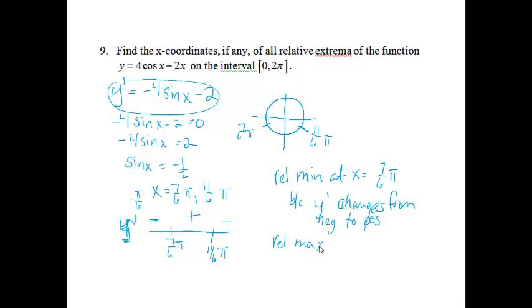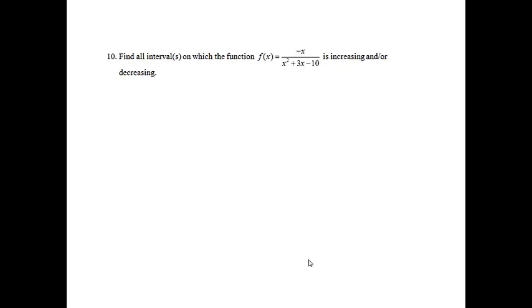And then I've got a relative max at x equals 11/6 pi, and that is because my y prime changes from positive to negative. My function is going up and then going back down, which causes there to be a maximum value.